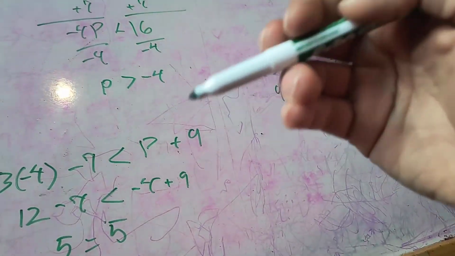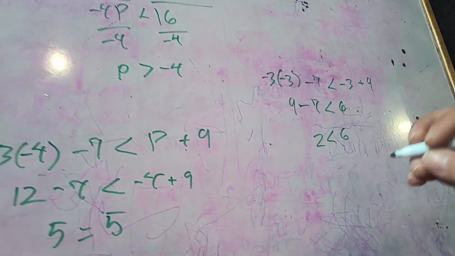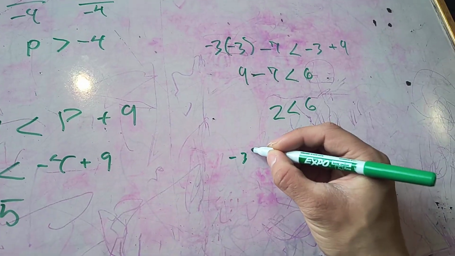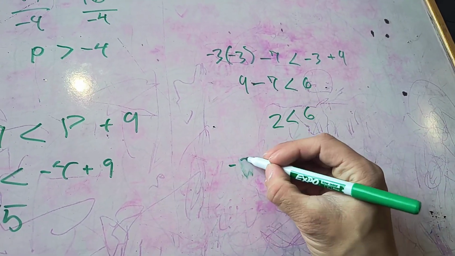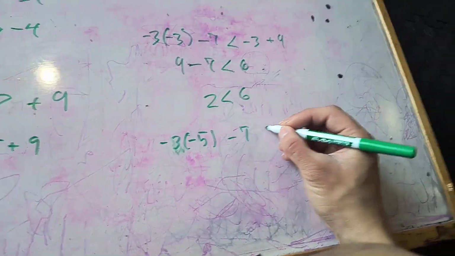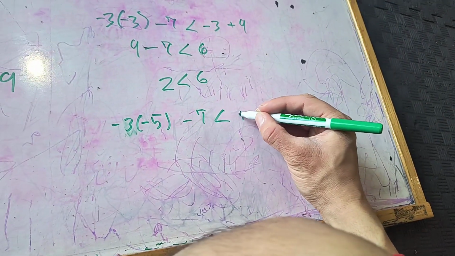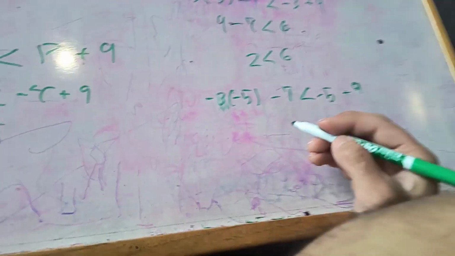And if we choose negative 5, we replace p with negative 5: negative 3 times negative 5 minus 7 is less than negative 5 plus 9.